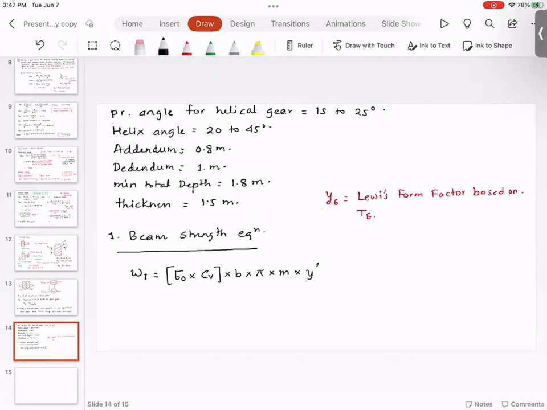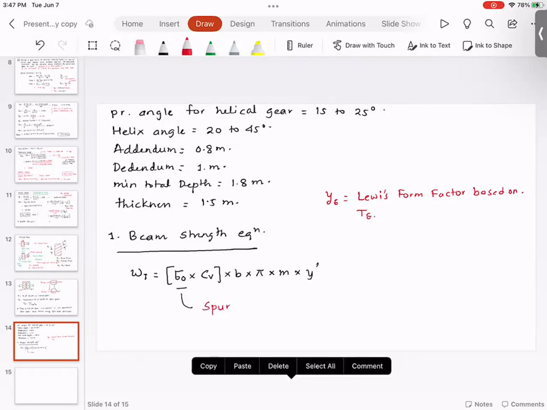And this sigma naught comes from the per gear design table, or data book.